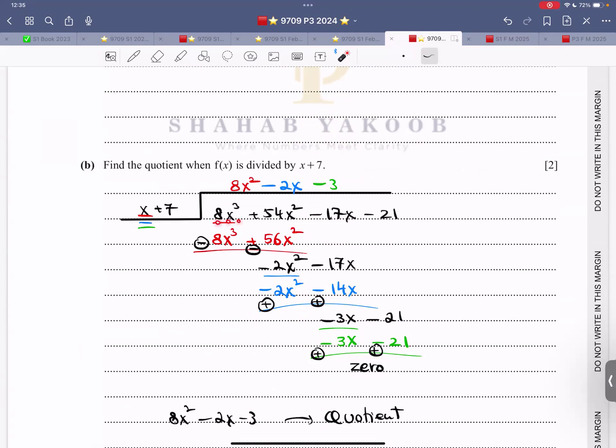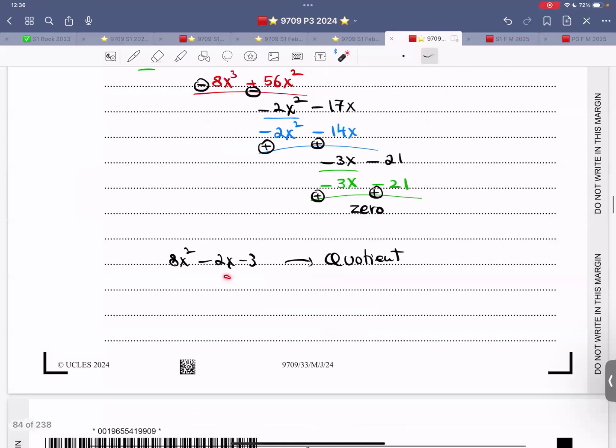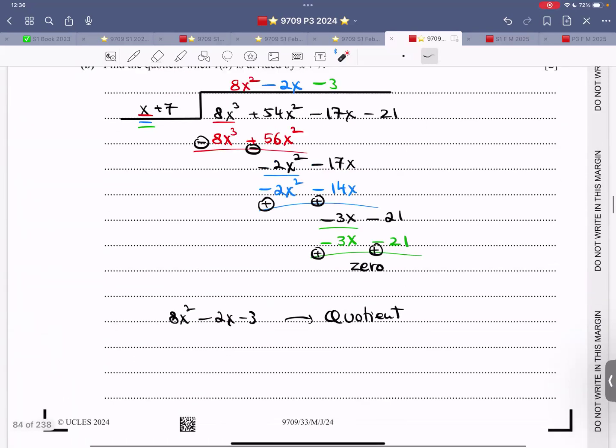First thing, 8x cubed over x, that is 8x squared. Multiply with both of them. Write it down. Change the sign and add. You get -2x squared. Pull this thing down. -2x squared over x, -2x. Repeat the same process. We are left with -3x. -3x over x is -3. Repeat the same process. You get a 0. Therefore, the quotient is this thing.